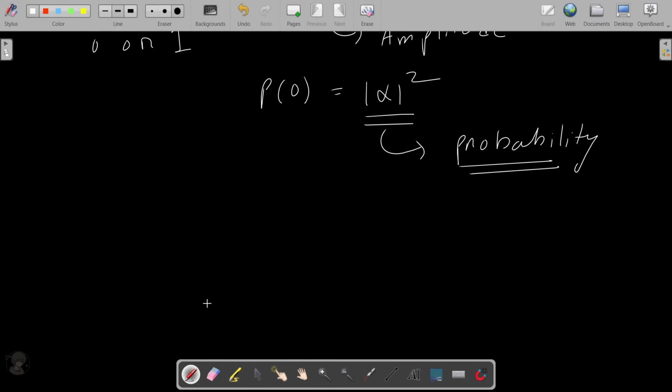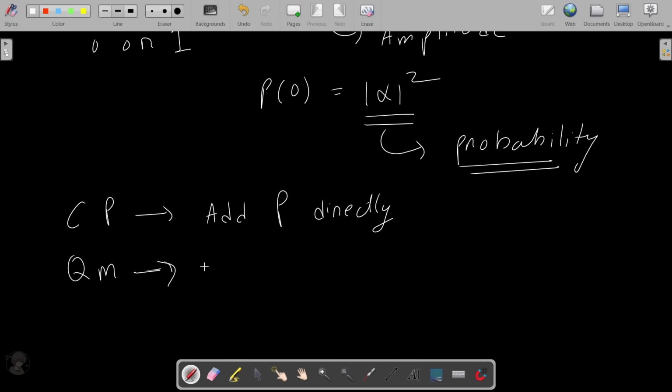In classical probability, you add probabilities directly. But in quantum mechanics, you add amplitudes first and then square it.